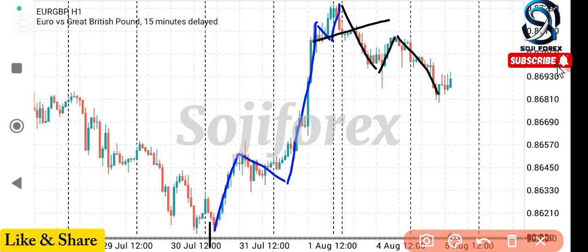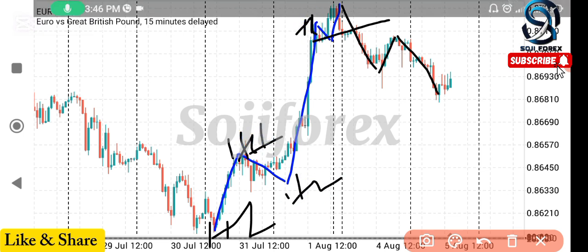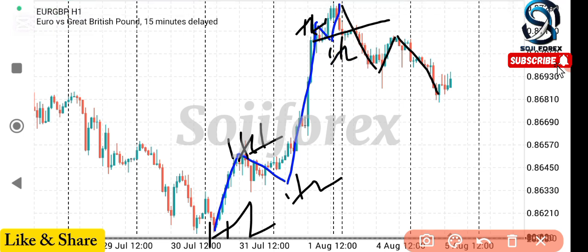Because here is our higher low, this is a higher high, this is a higher low, this is a higher high, this is another higher low, and then this is another higher high. So here now we have this break of structure, and after that price begins the movement to the downside.